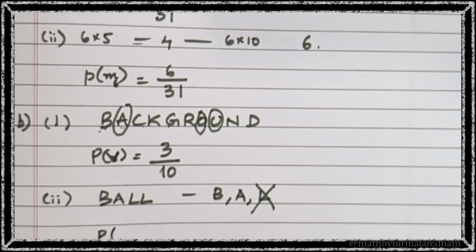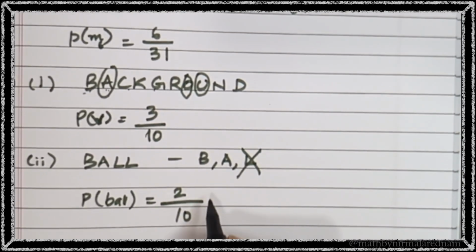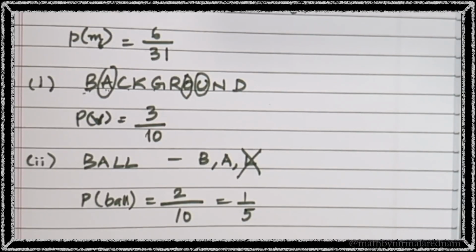So the favorable events here are 2, right, out of total number of events, which is 10, which is nothing but 1 by 5. So this is the probability that the slip that you have picked up has a letter which is also present in the word ball, B-A-L-L, right? So with this we finish section B of the paper that we are solving.